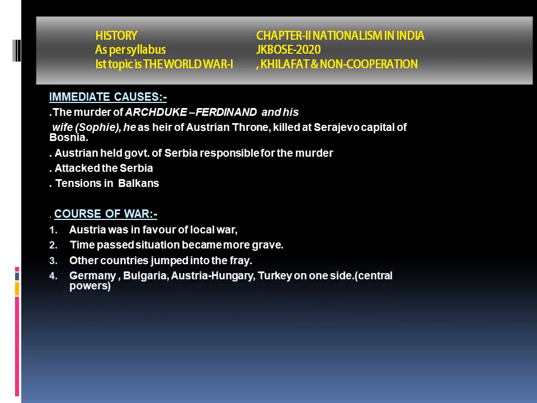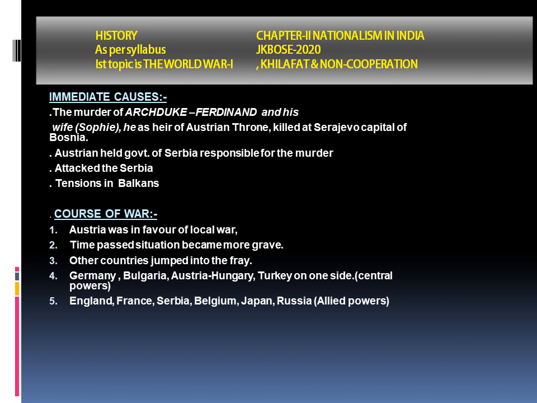So we then later observed there became two groups. One is called Central Powers, another is called Allied Powers. In the Central Powers, Germany, Bulgaria, Austria, Hungary, and Turkey, that is the Ottoman Empire, joined hands. On the opposite side, England, France, Serbia, Belgium, Japan, and Russia were hand in hand.